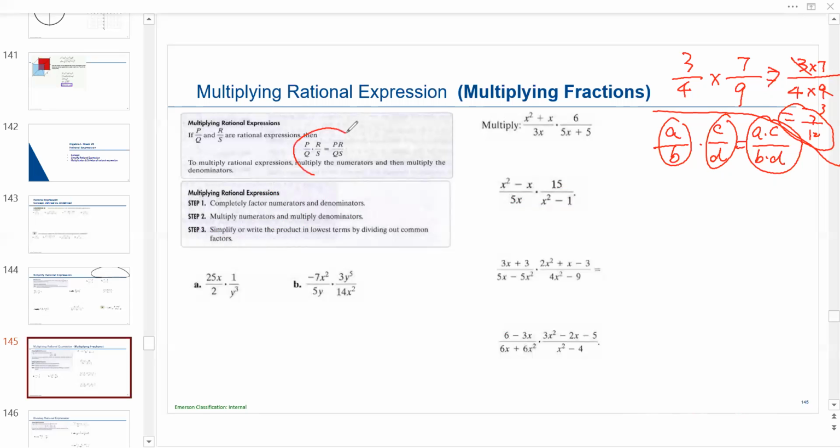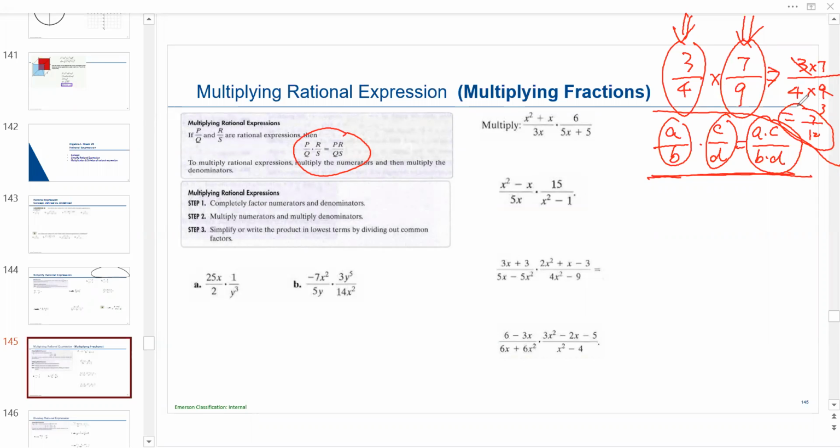Okay, so actually here you use P over Q times R over S, the same as what I'm talking about here. So when you have two rational expressions, suppose here is one fraction times another fraction, just like this is one rational expression times another rational expression. The new denominator and numerator are multiplied together, right?